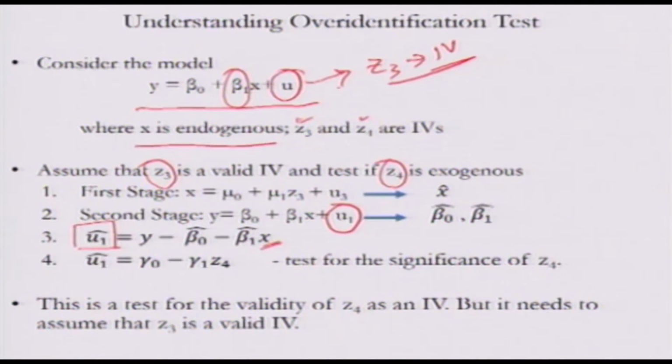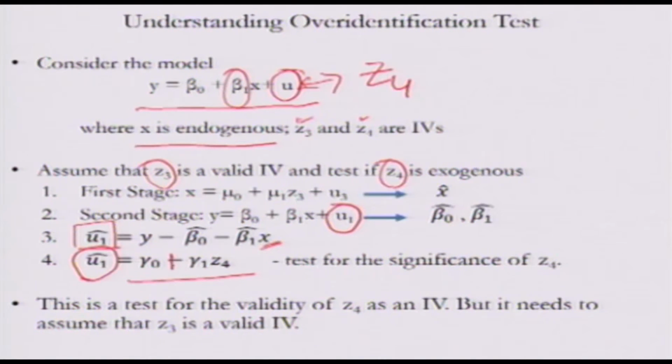So, what you want to test for is whether Z4, which is the excluded IV in this case, is correlated with U or not. So, what you would use is simply this estimate of U1 hat, which is the estimate of the structural residual using Z3 as a valid IV, and regress that on Z4.